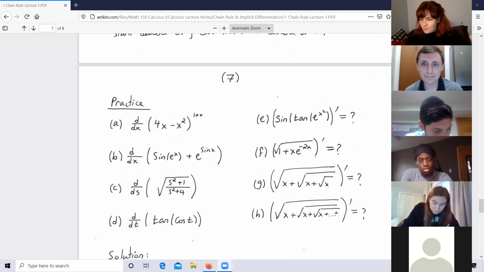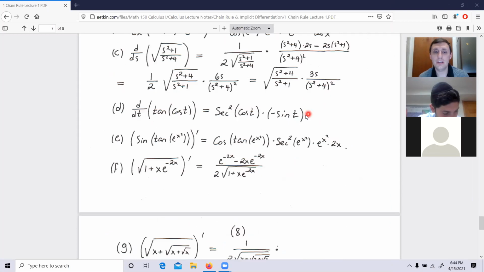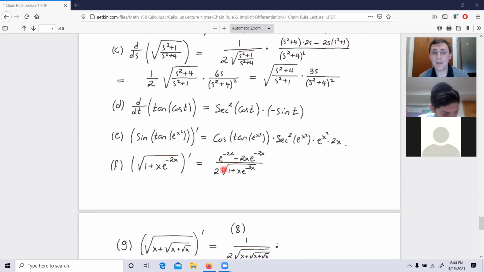All right. And the answer to f is simple enough. Here it is, guys. Simply take the derivative of the root. The derivative of the root is 1 over 2 root 1 plus x e to the minus 2x, yes?